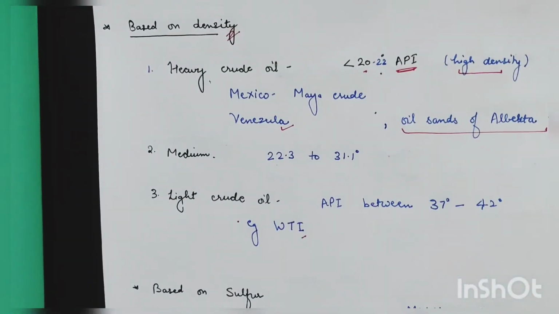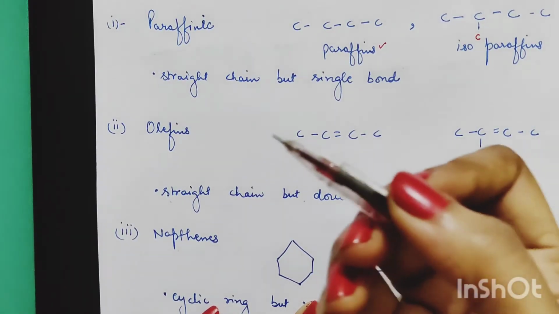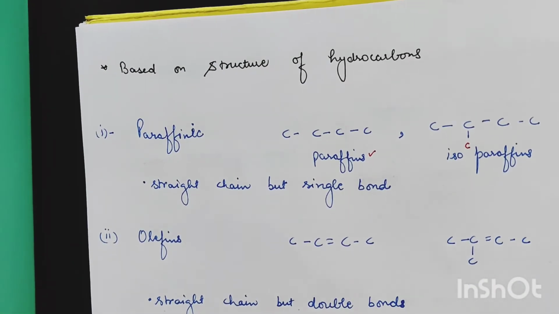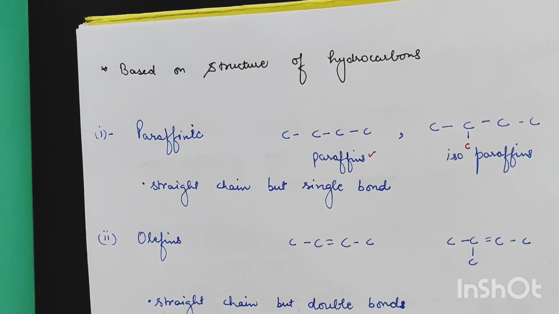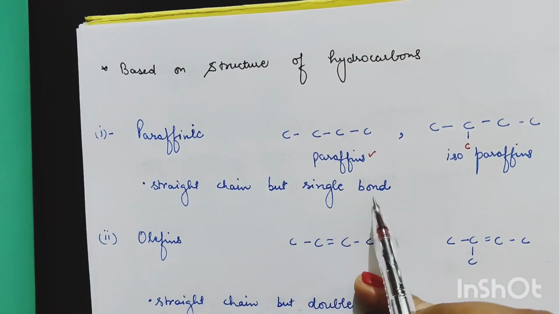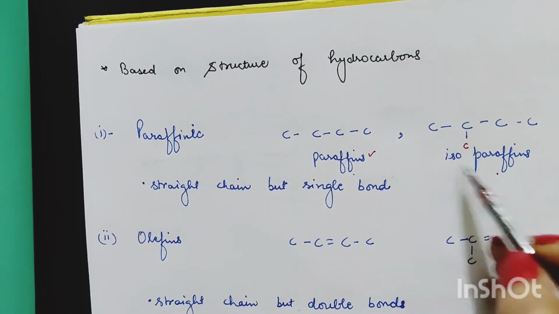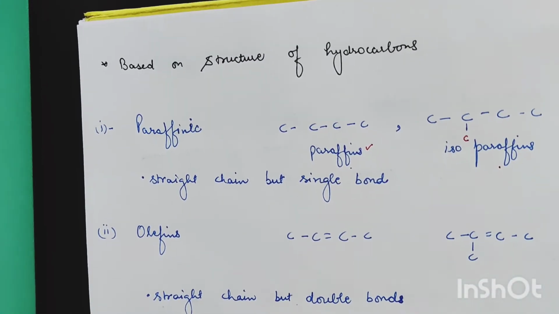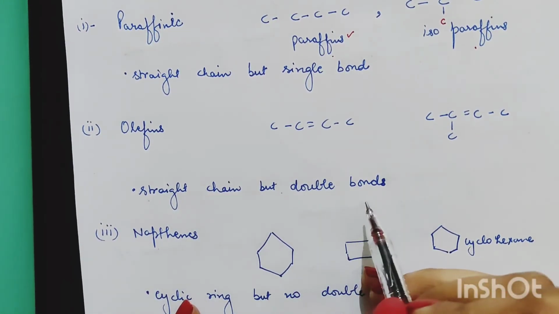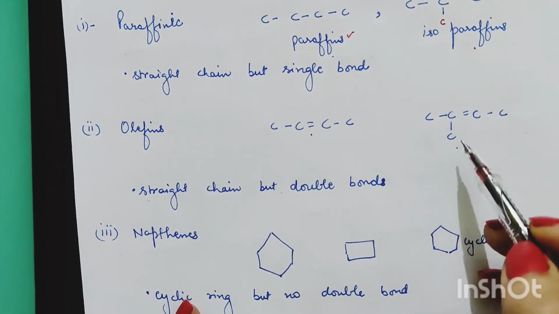Coming to the next classification, the crude oil is classified on the basis of the structure of hydrocarbon. The first is paraffinic. Paraffinic means straight chain with single bonds. This is paraffin. This is isoparaffin, that is, it has branching in it. The second is olefins. Olefins means straight chain but containing a double bond. Here it is a double bond, and this is iso because of the branching.